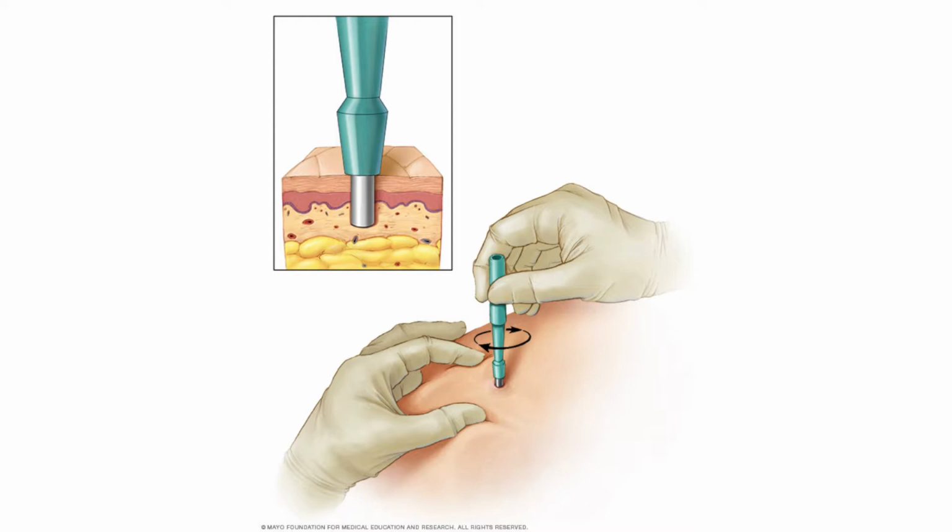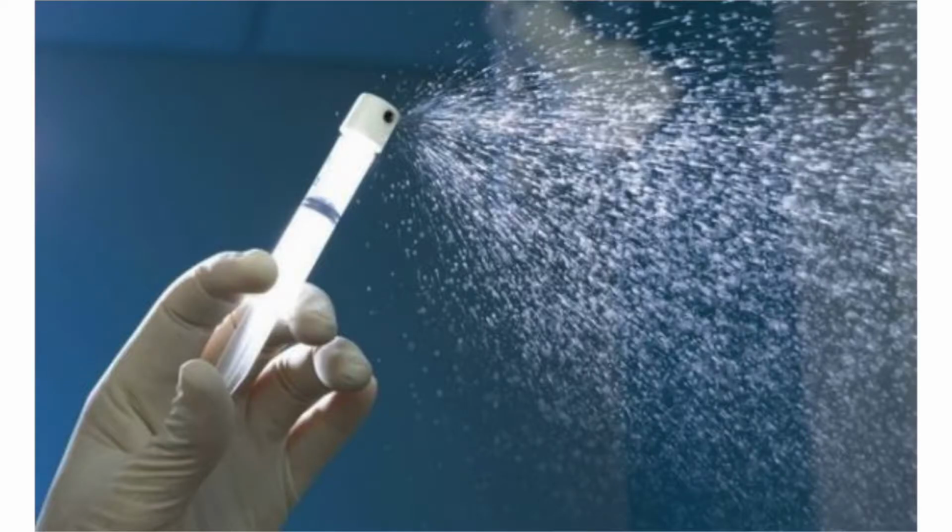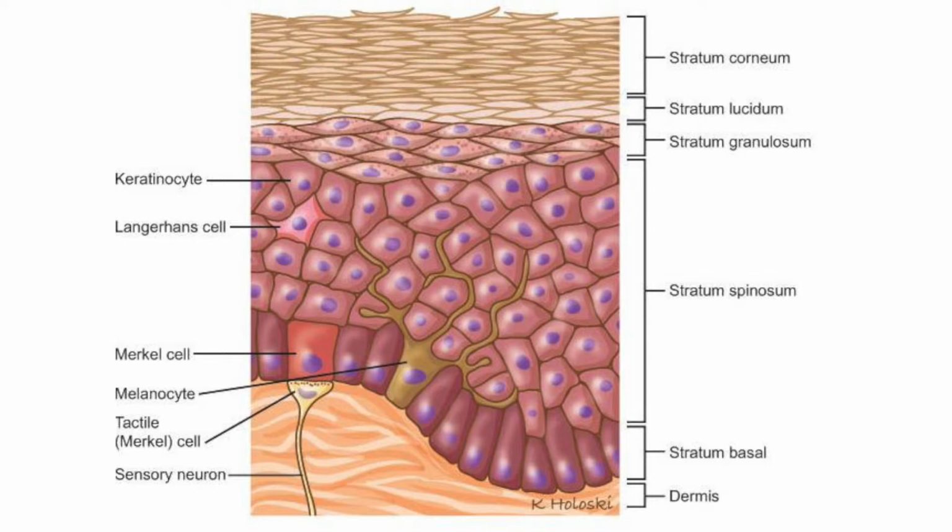The sample cells are then separated to produce a spray solution which contains all of the cells necessary to promote healthy skin growth. This includes keratinocytes, which are the cells that make up the outermost layer of the skin, and melanocytes, which are the melanin-producing cells. These are then sprayed onto the affected area where they multiply and spread throughout the skin, resulting in increased healing and restoration of skin colour.